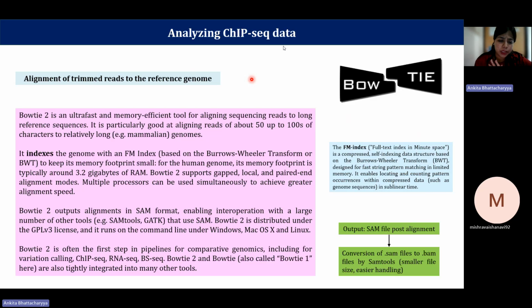So, Bowtie 2 is often the first step in multiple pipelines for comparative genomics, including variant calling, ChIP-seq, RNA-seq, bisulfite sequencing, etc. So yeah, that's what it does. And as you can see, the output that you get from Bowtie 2 is the SAM file post alignment, which then can be converted into .bam files, which make it easier to study, interpret, and handle overall.